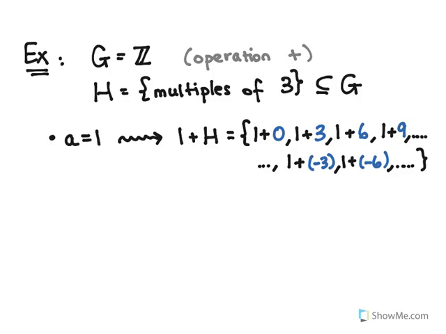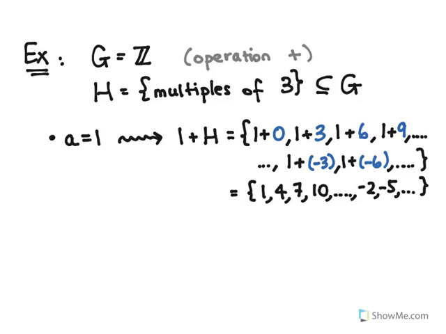So here I've written the elements of H in blue to try to highlight them for you. So the elements of 1 plus H will be 1 plus 0, 1 plus 3, 1 plus 6, 1 plus 9, and so on, as well as also the negative ones. So 1 plus -3, 1 plus -6, and so on. So if I do some of this arithmetic, you can write out what the elements of 1 plus H look like.